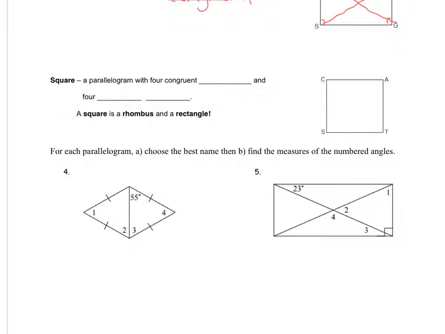So it's going to have all of the properties of a rhombus and all of the properties of a rectangle and all of the basic properties that a parallelogram has. So again, right here, a square is a rhombus and a rectangle. So we can go ahead and draw in all of those properties that we know.